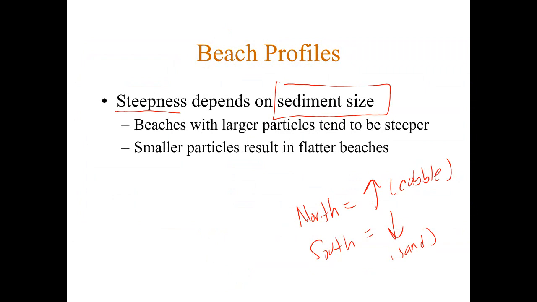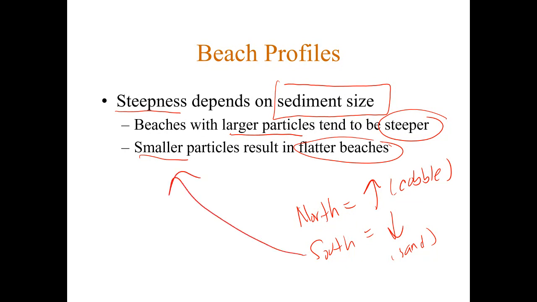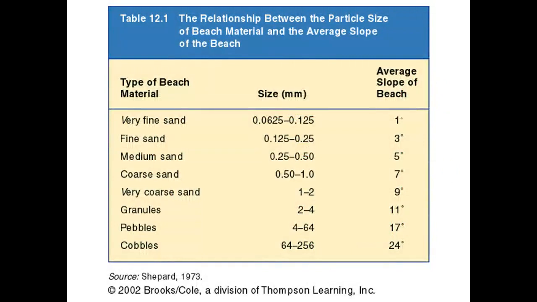So if you have a larger sediment size, your beaches are going to be steeper. If you have a smaller sediment size, your beaches are going to be flatter. So our beaches are flatter in the south and steeper in the north, again, on Long Island.